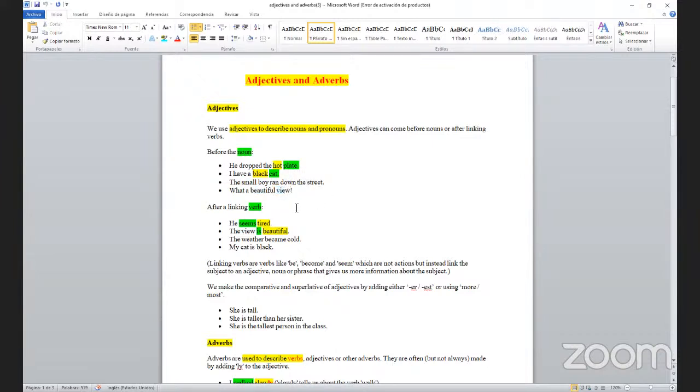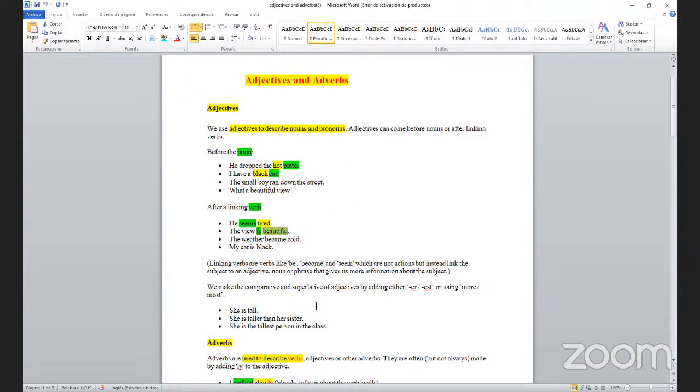Or when we are using verbs, we always use the adjective after the verb. He seems tired. The verb seems and the adjective tired. The view is beautiful. My verb is and my adjective beautiful.